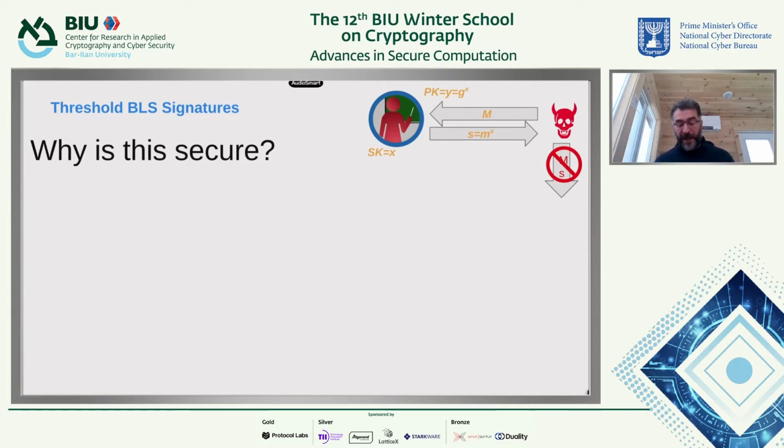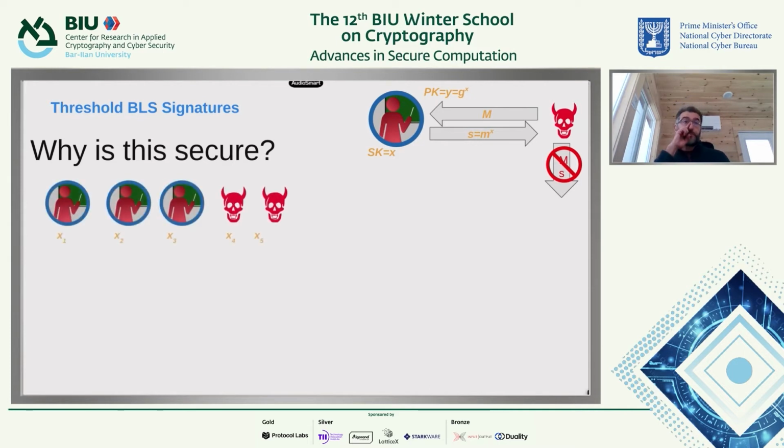So how do we know that when we move to the threshold setting, the scheme remains secure? In the threshold setting, we have an adversary that controls a fraction of the users, in this case 2 out of 5.